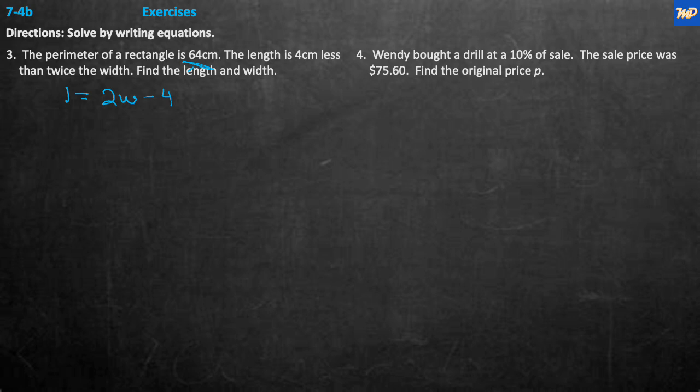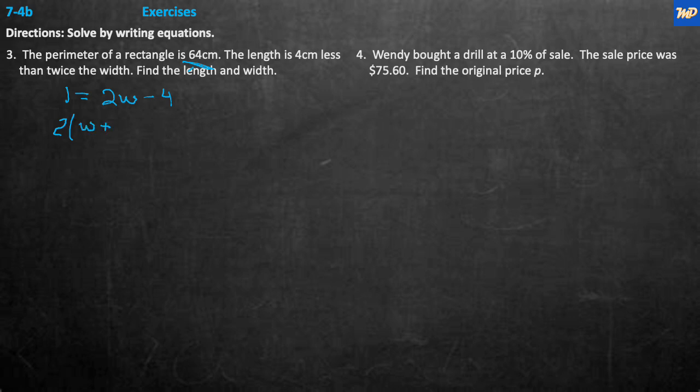So writing the equation is, oh, and by the way, if you have a rectangle, there's 2 lengths and 2 widths. You have the lengths opposite each other and the widths opposite each other. So it's 2 times the addition of the length and the width. So let's go ahead and write the equation for this problem that way. 2 times the width plus the length.